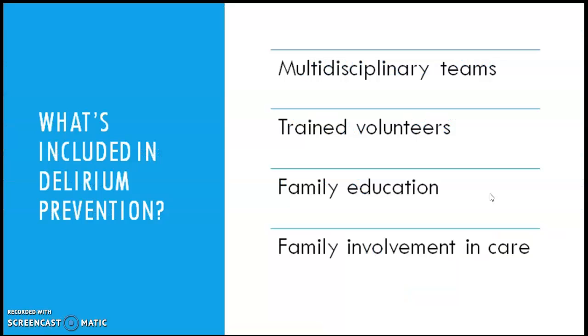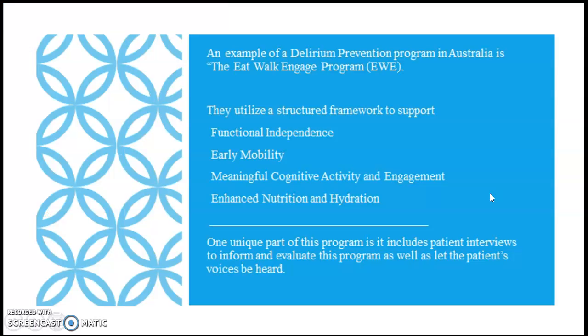What's included in delirium prevention? Multidisciplinary teams, trained volunteers, family education, and family involvement in care. An example of a delirium prevention program in Australia is the Eat, Walk, Engage program.